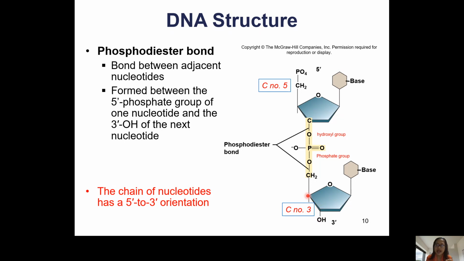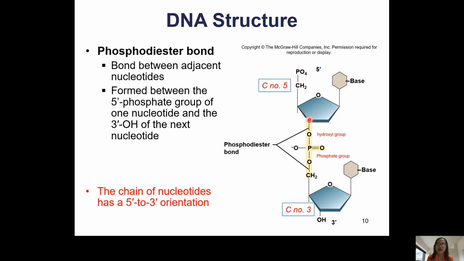This is the fourth carbon, and this is the fifth carbon, attached to the phosphate group. This fifth carbon attached to the phosphate group forms a phosphodiester bond with the third carbon on the second, adjacent nucleotide.